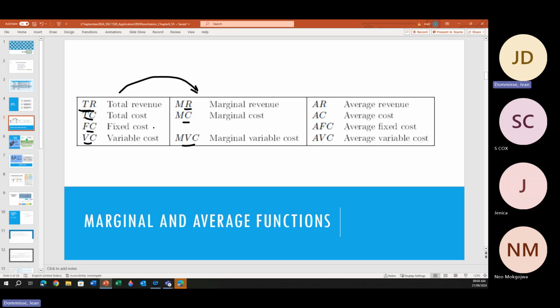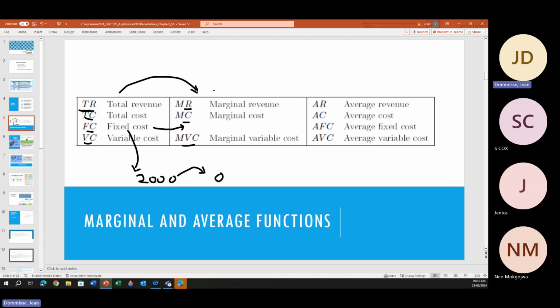The reason again for the fixed cost, so most likely the fixed cost is a constant, and let's say that constant is 2000. We know if we differentiate a constant, it will become 0. So the fixed cost will never really have a component that is differentiable.